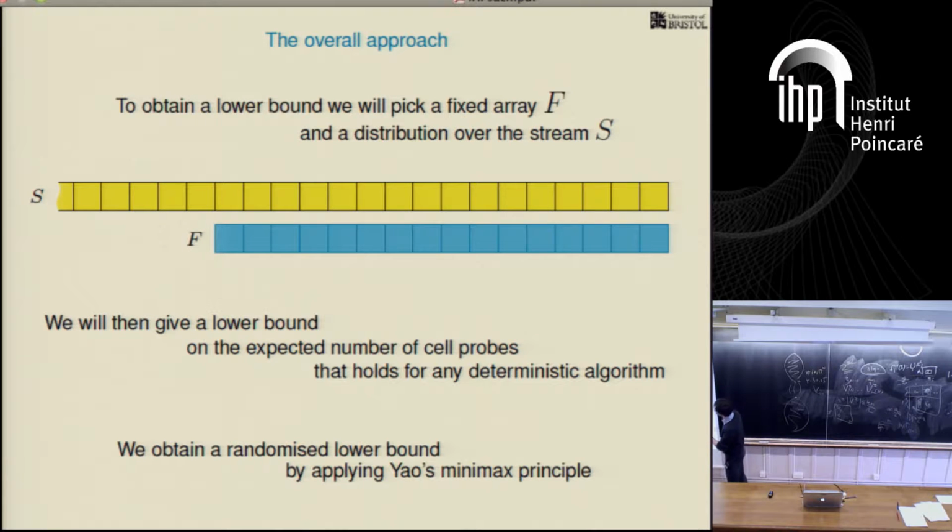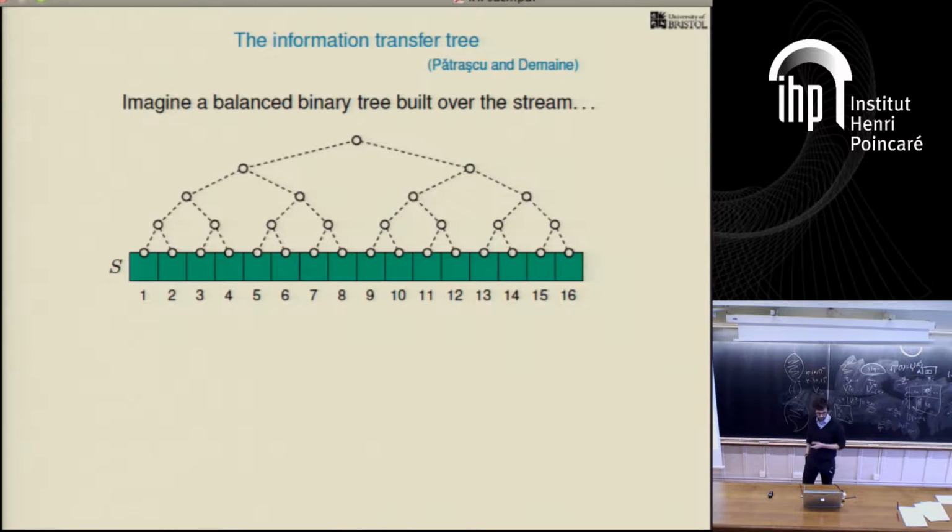So it's going to be expected over the distribution, and then by hitting it with Yao's minimax principle, we get a randomized lower bound for any algorithm on its own worst input. Okay. So to do this, we're going to apply the information transfer technique.